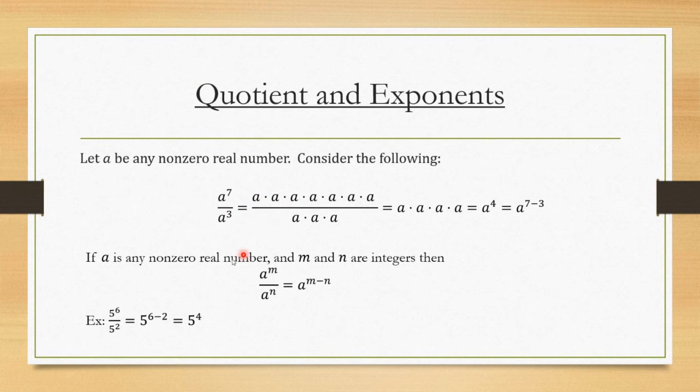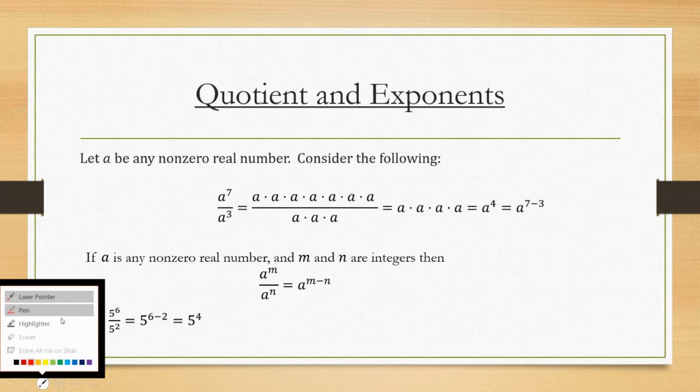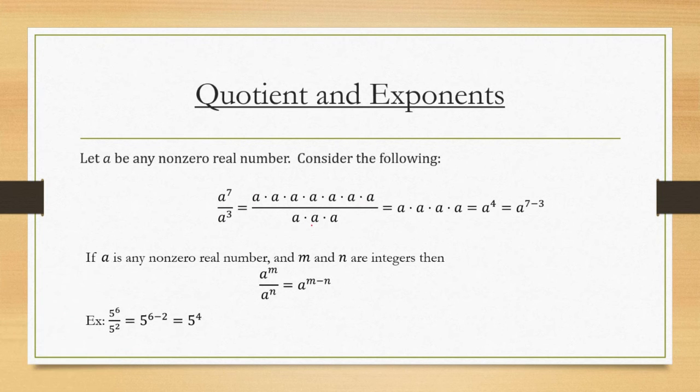A cubed is a times itself 3 times. There it is. But what's going to happen here? Well, there's going to be some cancellation, right? This is going to cancel. This is going to cancel. This is going to cancel. So after that cancellation, what do we have?